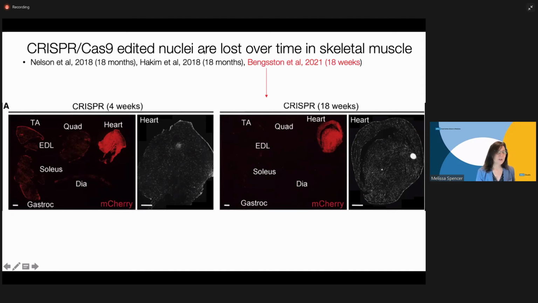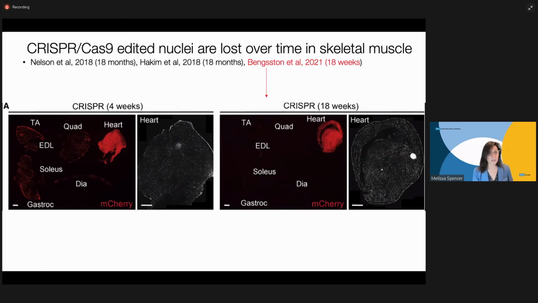So if you look on the left side, this is a 4-week time point, and you can see he's put all these different muscles here, and it's a little hard to see on my slide, but you can see that it's much lower dystrophin than what he sees in the heart. The heart is very well targeted by AAV. But also the heart is not experiencing as much, well, I can't say that, I'm gonna take that back.